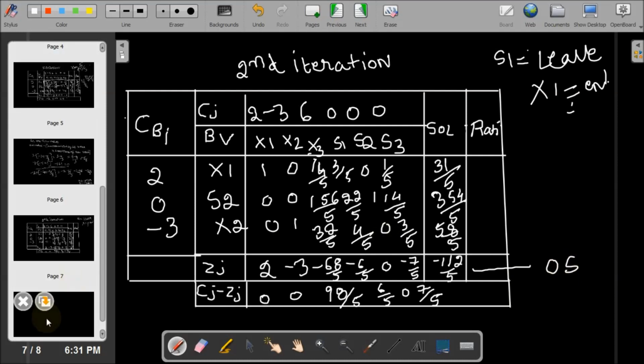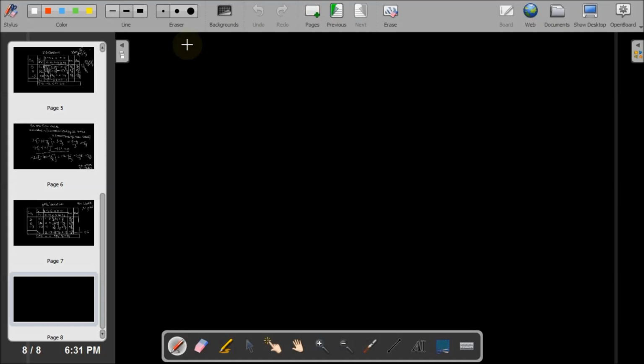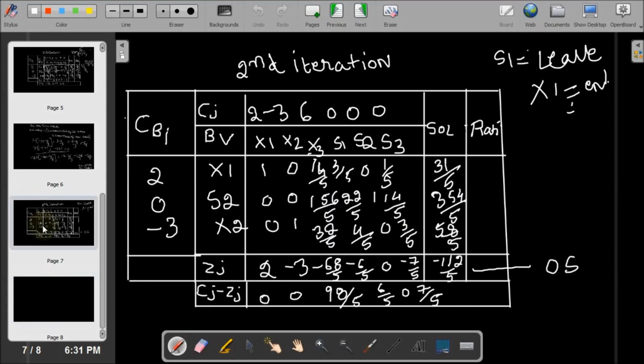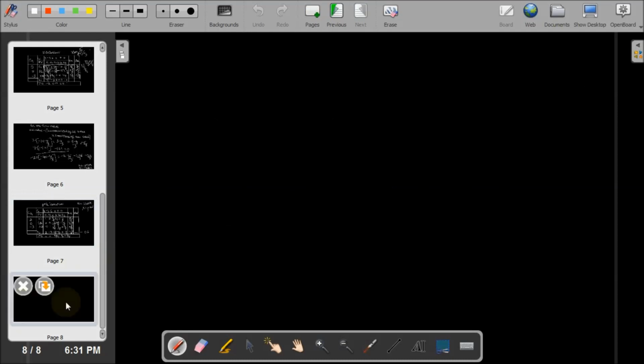So what are the values? You can see where I find the value: x1 is equal to 31 by 5, x2 is equal to 58 by 5. Don't consider s2 because it is a temporary variable. So what are the values here?